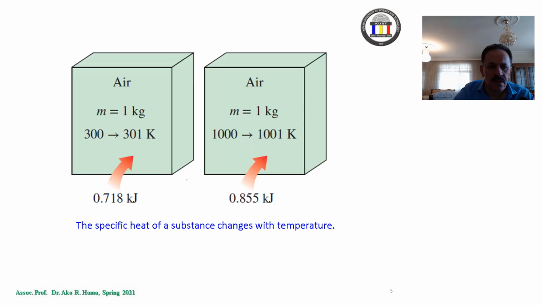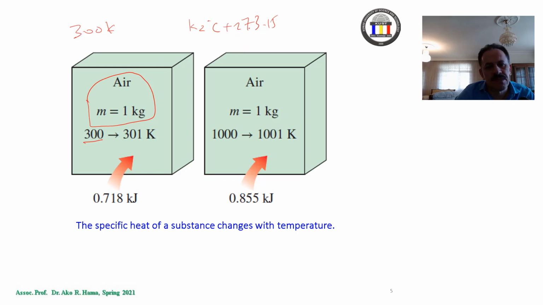Now here's one of the interesting examples. We have a mass of 1 kilogram of air, and the temperature of this 1 kilogram of air is 300 Kelvin. By the way, Kelvin is equal to degrees Celsius plus 273.15.